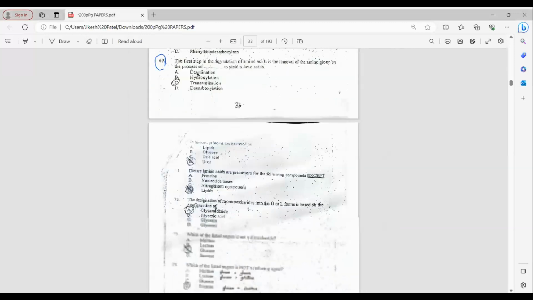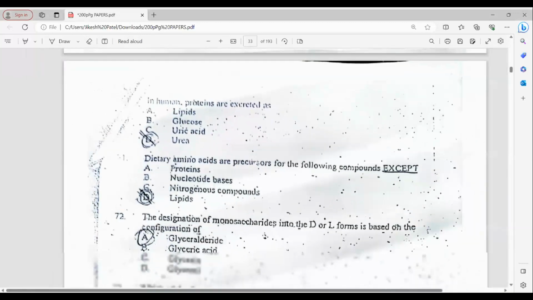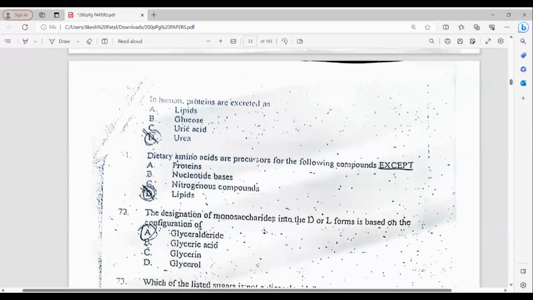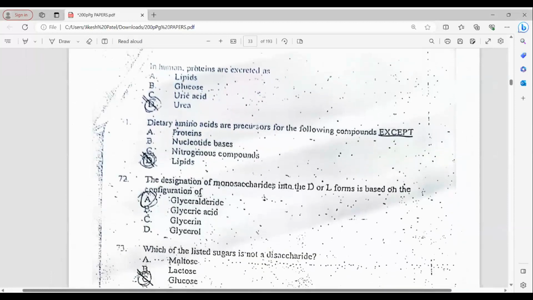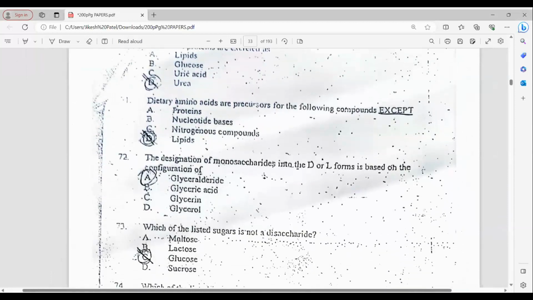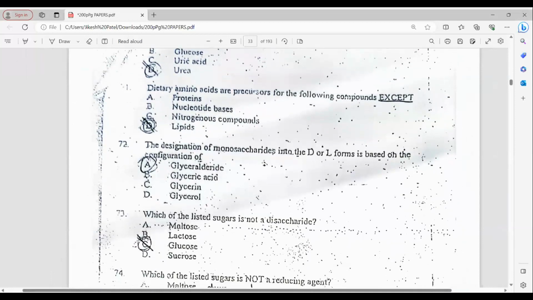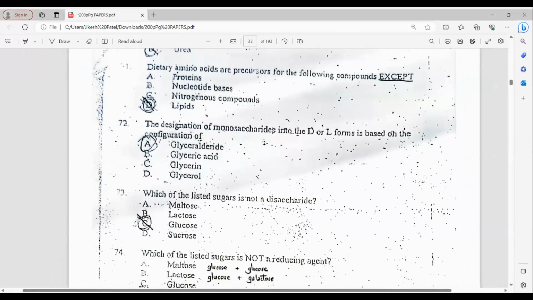Okay, then, in humans, proteins are excreted as what? Urea. Amino acids are precursors for the following compounds except proteins, nucleotide bases, nitrogenous compounds, lipids.